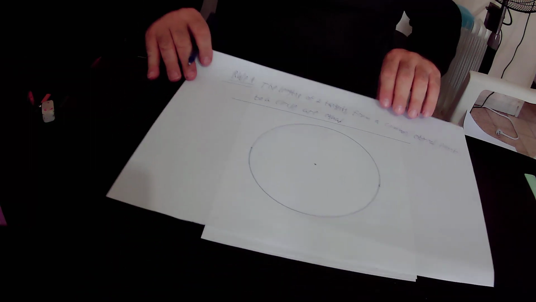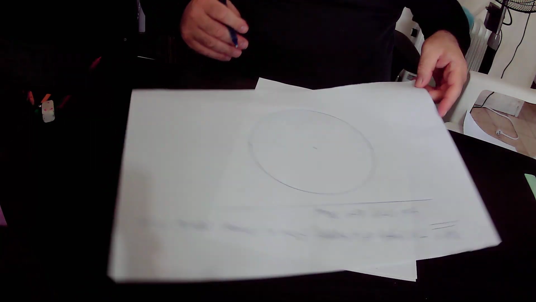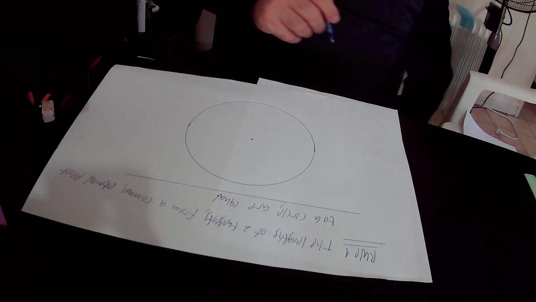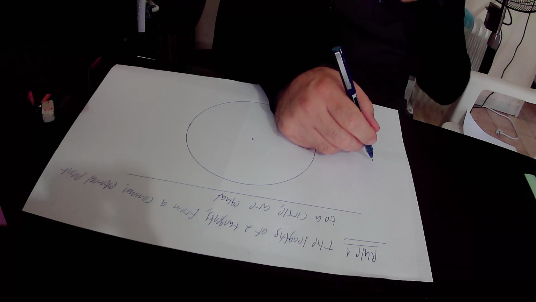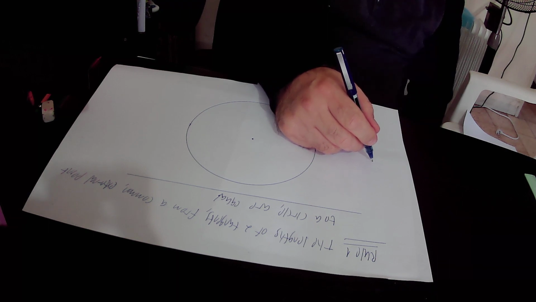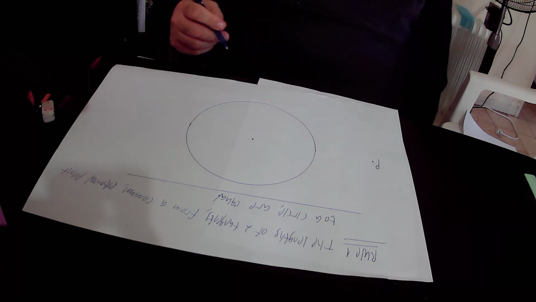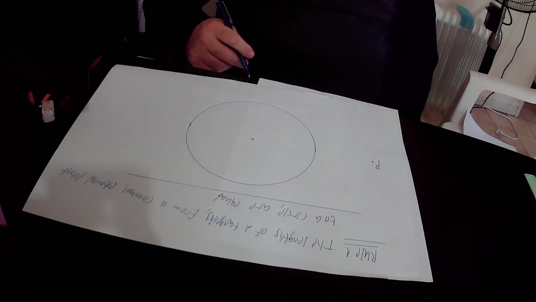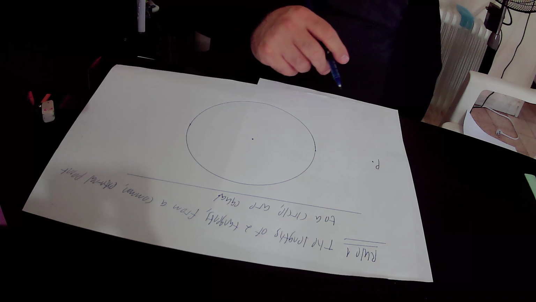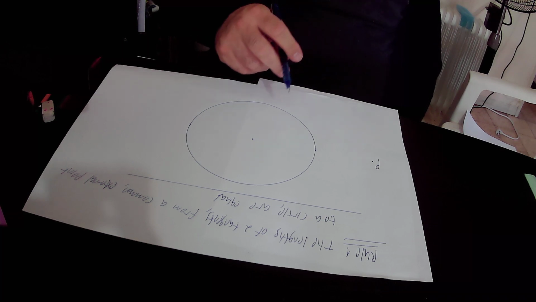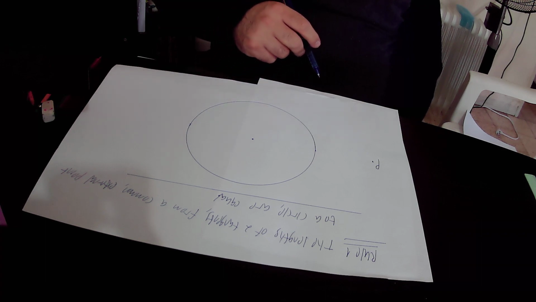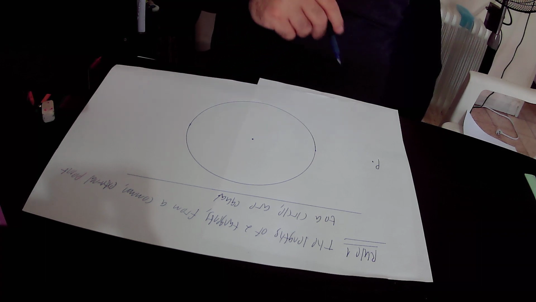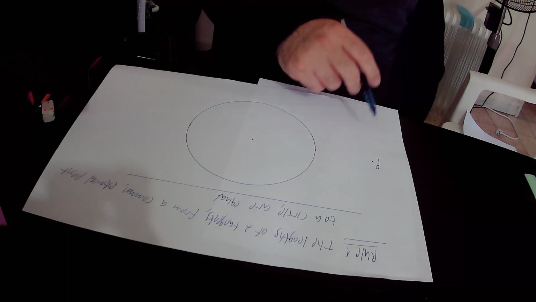So actually, if we have this point P, here point P is an external point of this circle because point P is not located inside the circle, nor on the circle, but it is located outside the circle.